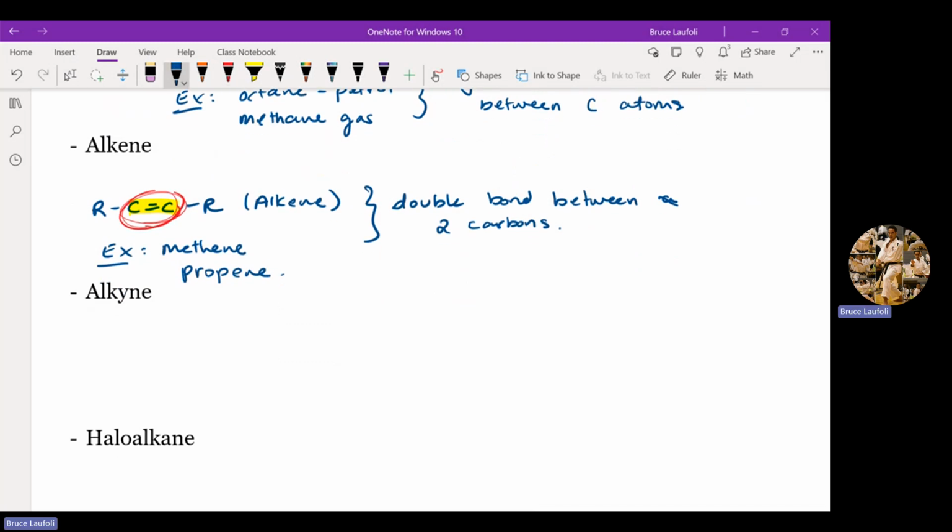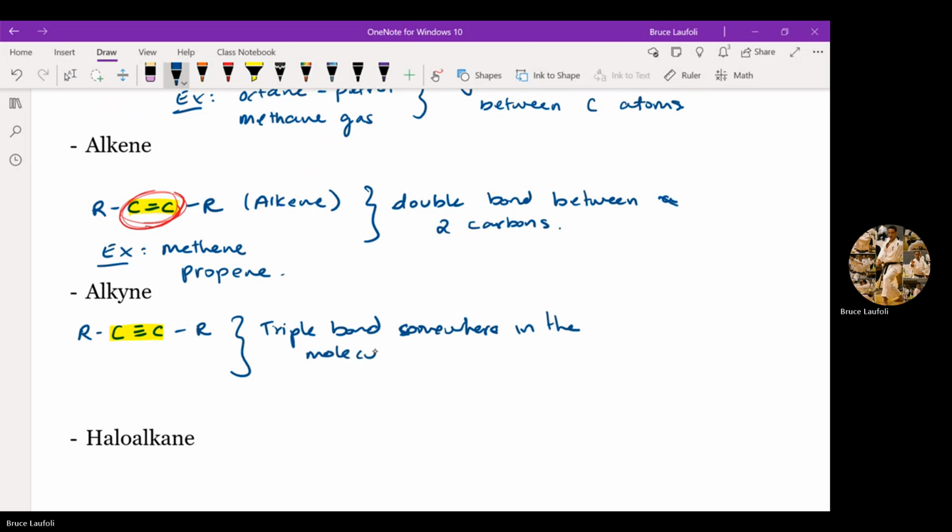Let's move on to the next one, alkyne. So alkynes are very similar to alkenes, in that they suggest that there is a triple bond somewhere in the molecule, or between two carbon atoms.